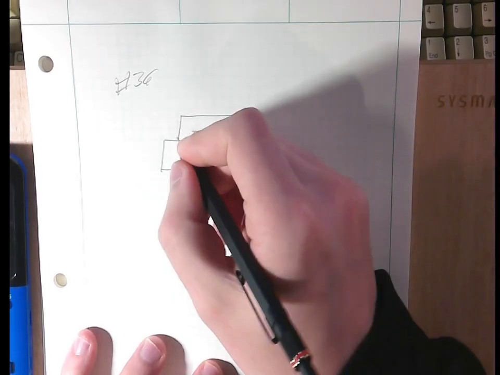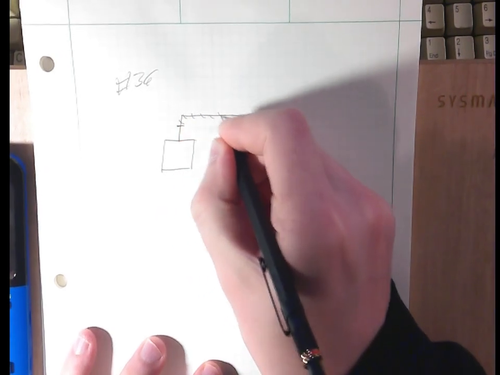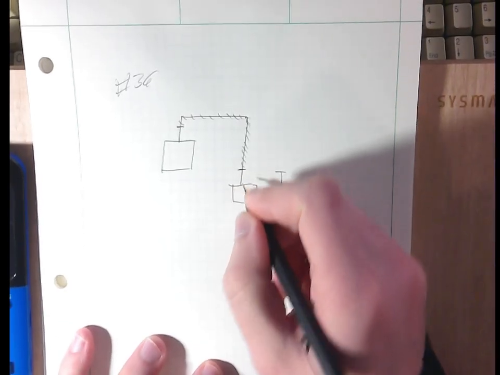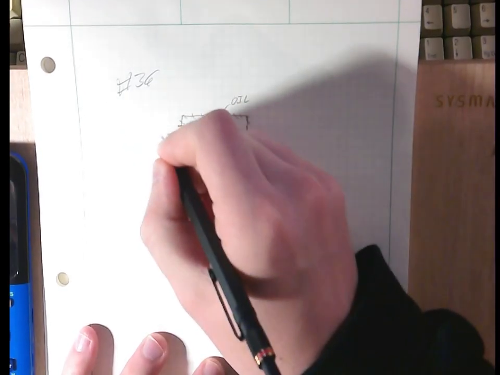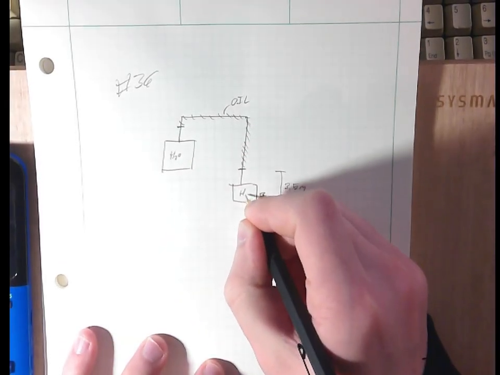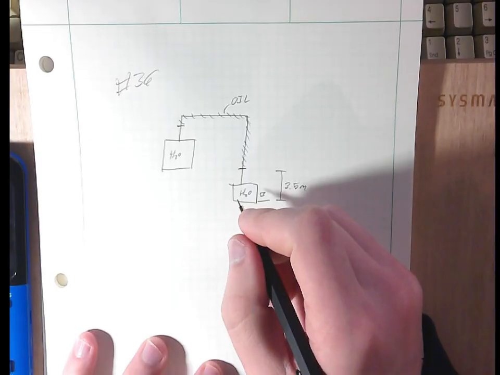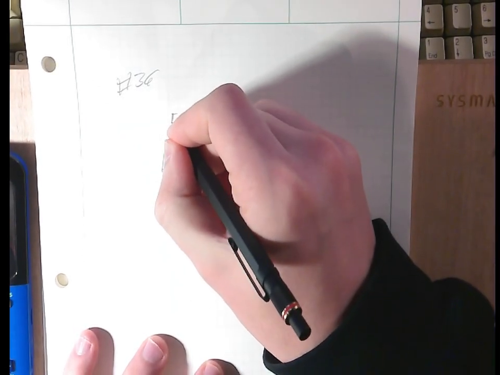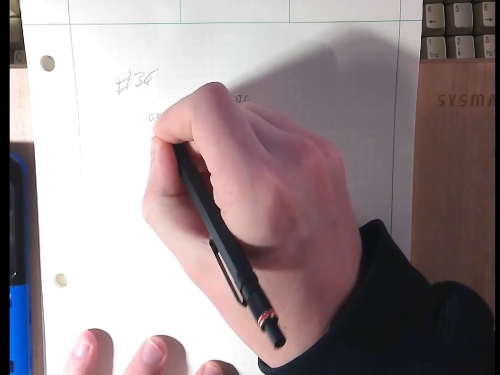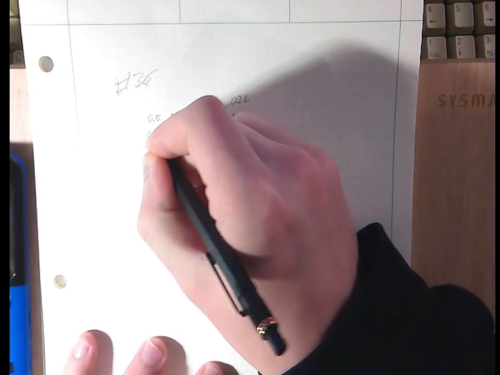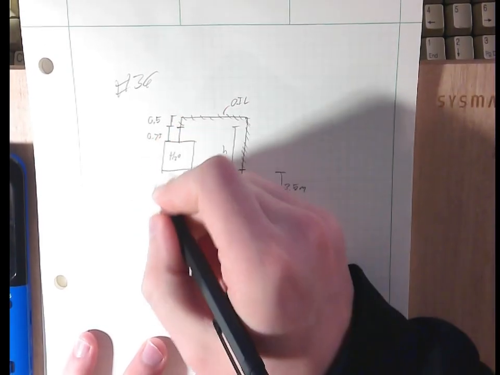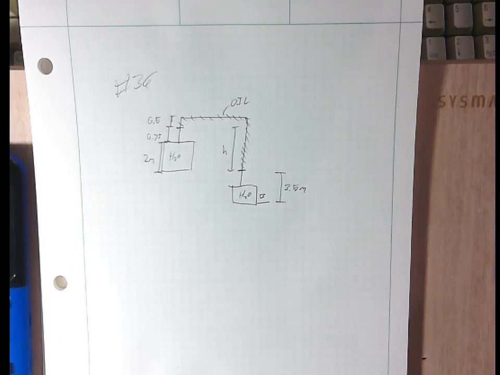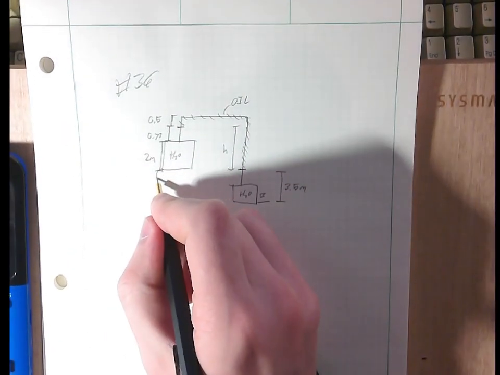This is all water. All of this that I'm marking, that's all oil. Oil suspended through two things of water, and we've got this, they call it H. We're given, this is 0.5. This is 0.75. And this is 2 meters. And like, there's a spigot.